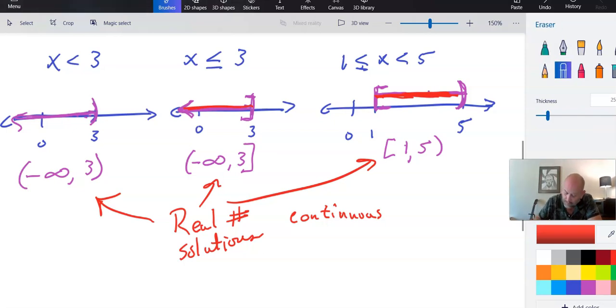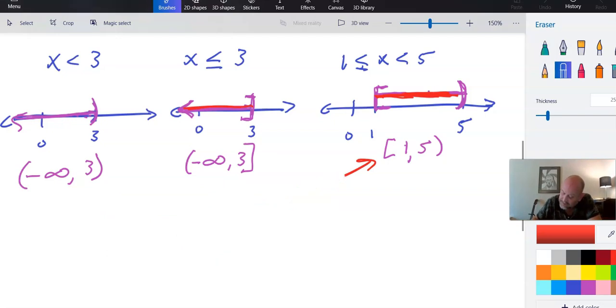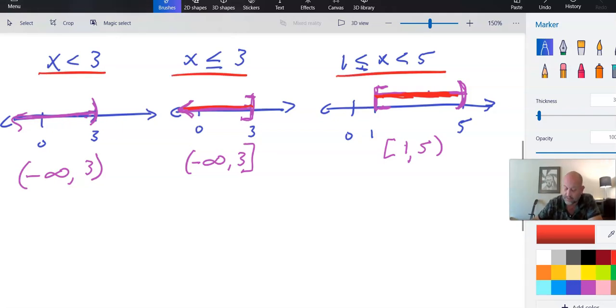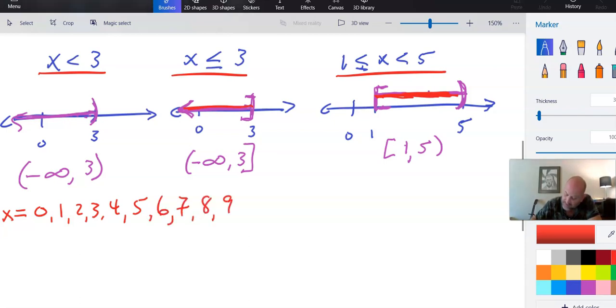Now, what changes is sometimes you are given a set of integers to work with. So some of these say, solve this inequality, and I'm just going to keep using these three inequalities so we can use them as examples here. Solve this inequality for x equal to 0, 1, 2, 3, 4, 5, 6, 7, 8, and 9.